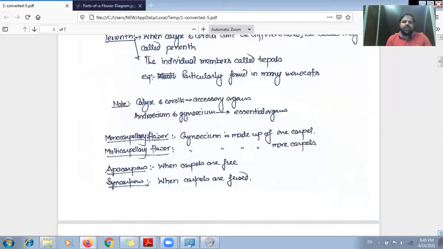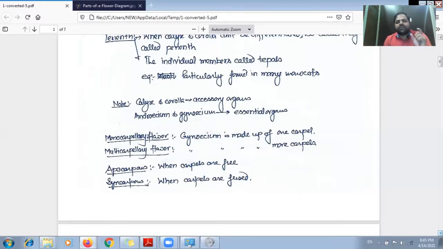Now, on the basis of the number of carpels, we can divide flowers into two categories, monocarpellary and multicarpellary. As we know, the carpel is the female reproductive organ of the flower.